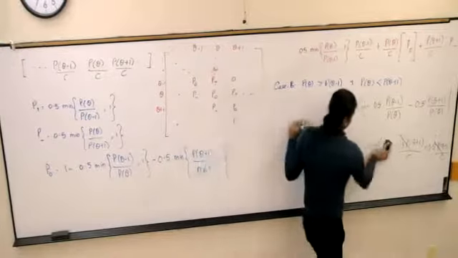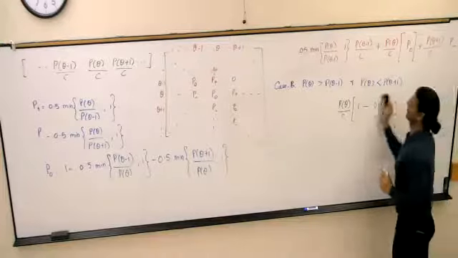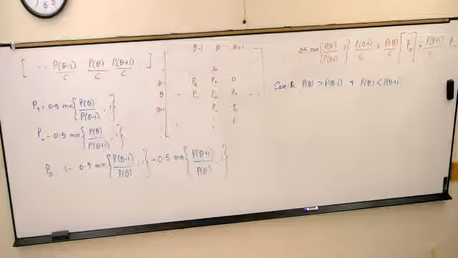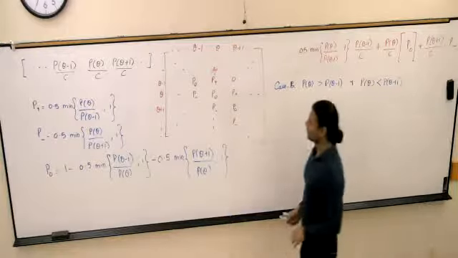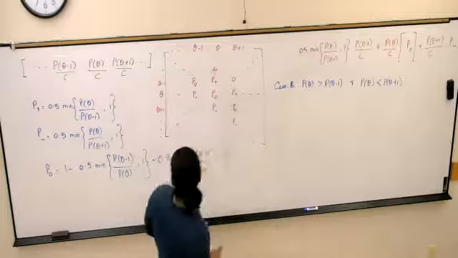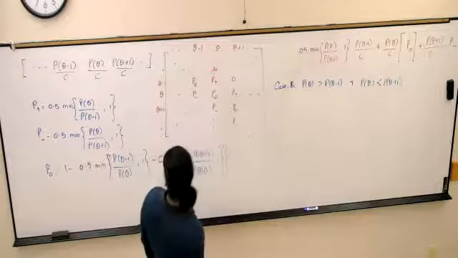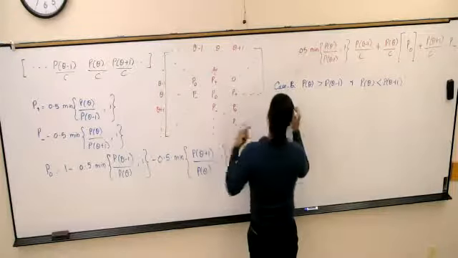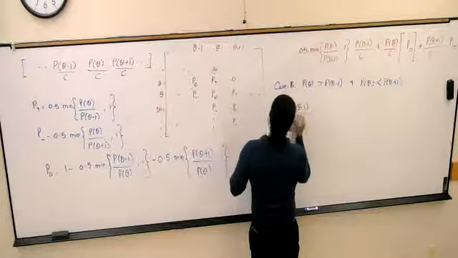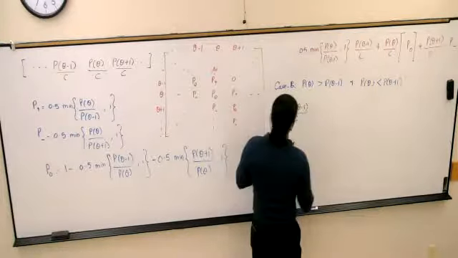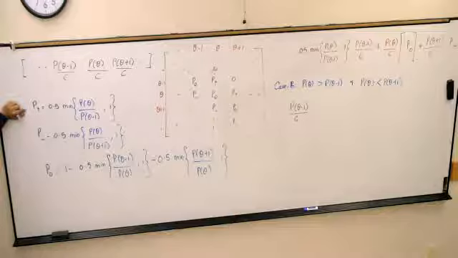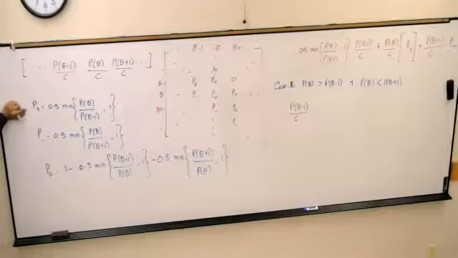Pretty much pick between them. Yeah, like that is between. Okay. So same logic, so 0.5 P of theta minus 1 over C times P plus, and we have P of theta bigger than P of theta minus 1.